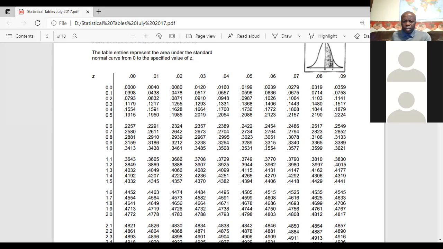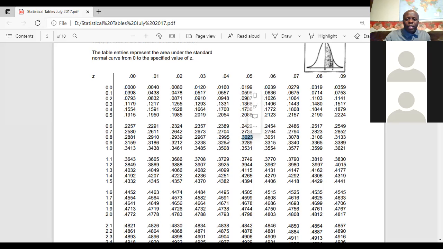0.2995 and 0.3, and that's this one right here. 0.2995. This one is 0.3023. Look, I'm going to write them down so you can see. Let me try this one. 0.3000 minus this one, 0.3.